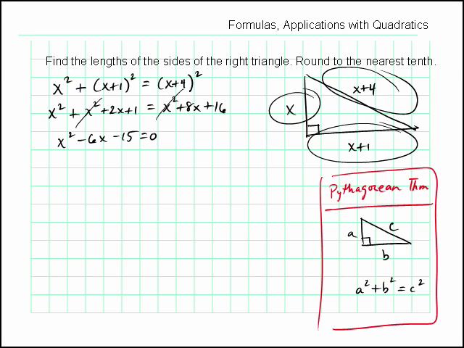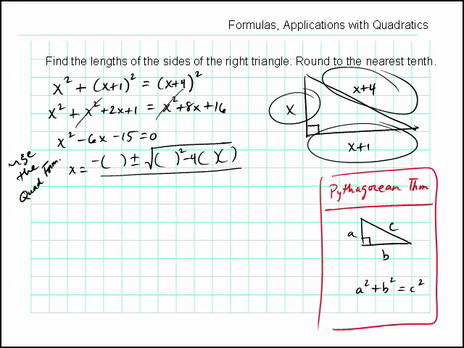So I'm going to have to use, once again, the quadratic formula to solve this. x equals negative b plus or minus the square root of b squared minus 4ac, and we'll divide the whole thing by 2a.